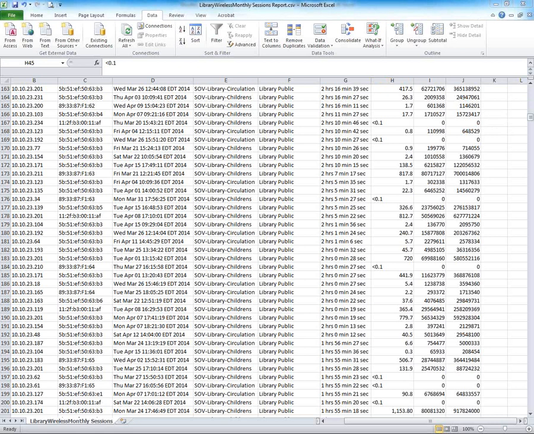Someone is asking, could the sessions of exactly 5 minutes be timeouts from not signing the agreement? Exact numbers always seem suspicious.